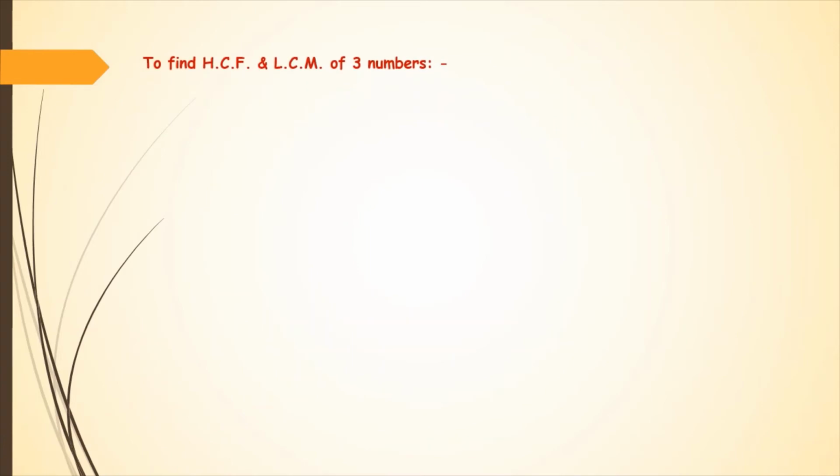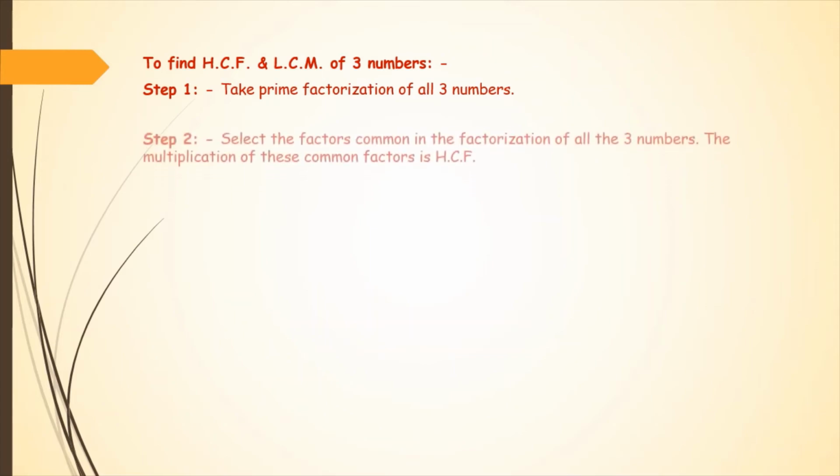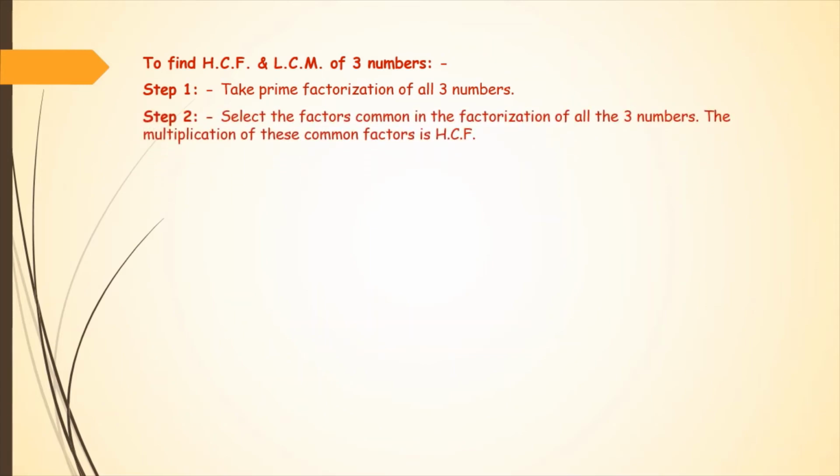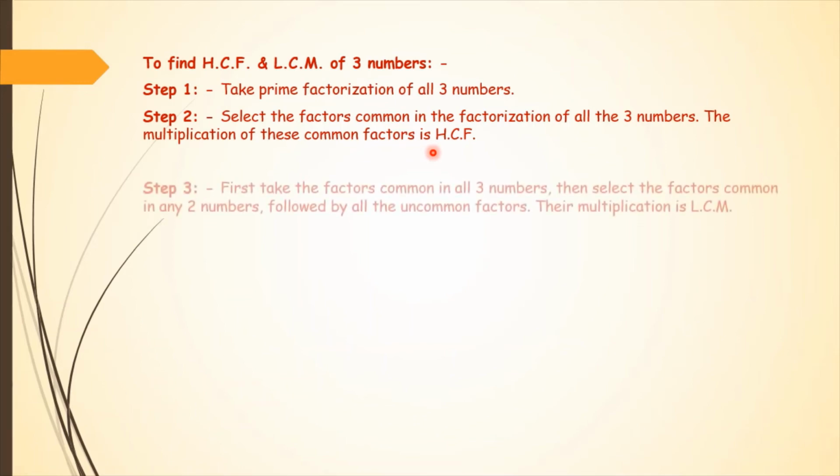How to find HCF and LCM of three numbers? Step 1. Take the prime factorization of all three numbers. Step 2. Select the factors common in the factorization of all three numbers and the multiplication of these common factors is HCF.